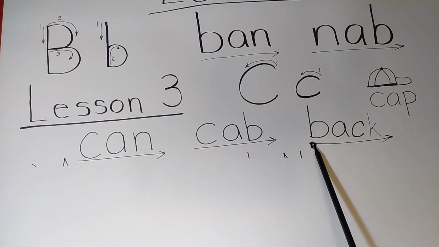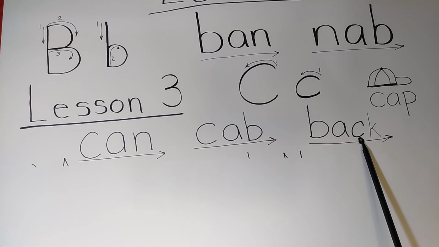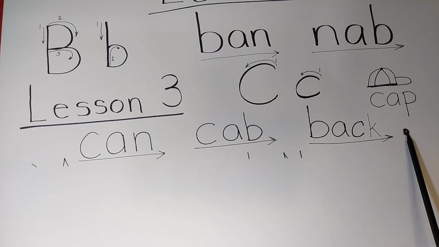And then the last one, back. Back. This is the opposite of front. Our stomachs are in the front of our bodies. Our backs are in the back of our bodies. So it's behind. Back means behind.